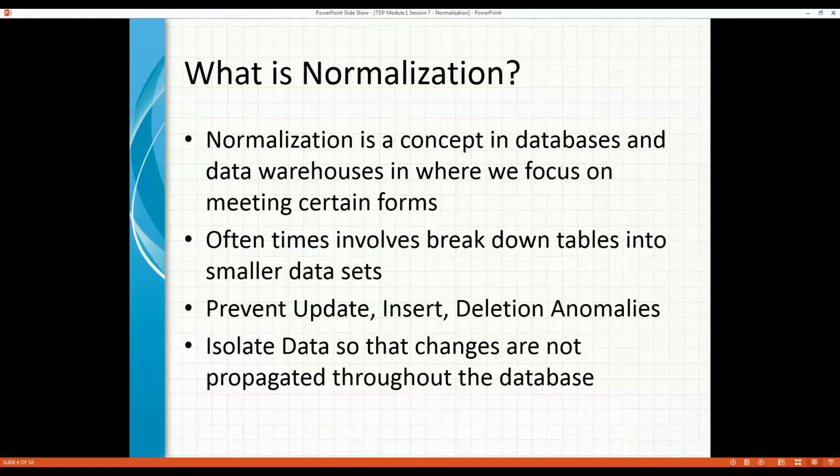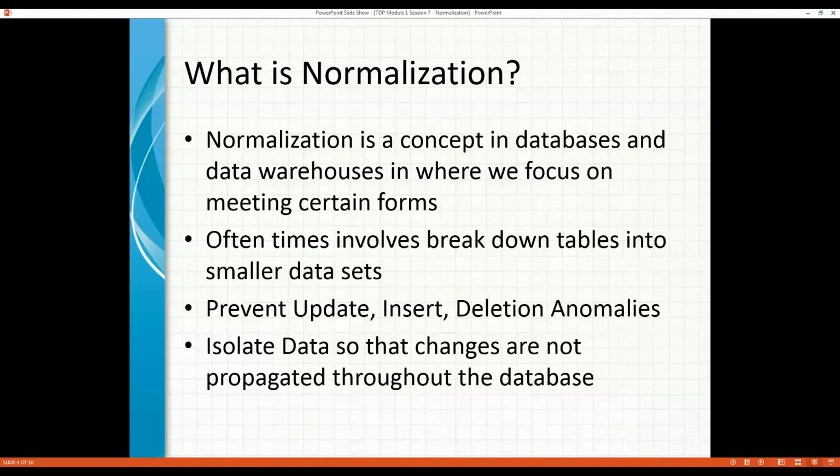On top of that, normalization is there to prevent what are called anomalies. Now, what is an anomaly? An anomaly is a random occurrence, something you don't know about, something that you don't want to have happen but still happens. In this case, we have update, insert, and deletion anomalies.